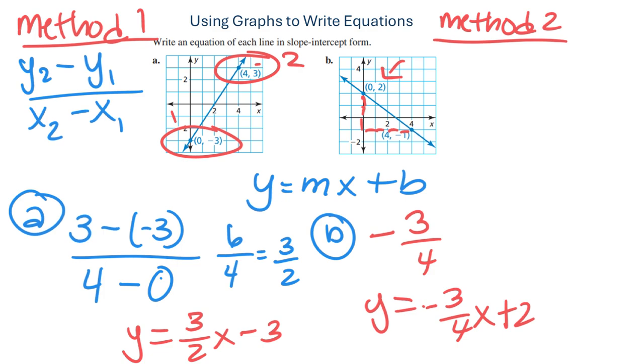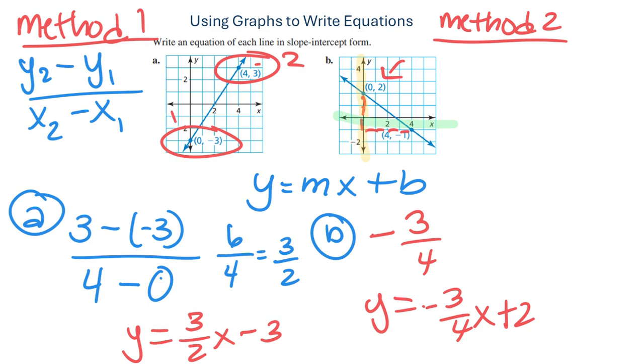But the line is always going to be where the first point is, on the y, where you see your y up here. This y over here is our y-intercept, right? So where you see the line passes through the y, that's the y-intercept. Wherever the line passes through x, that's the x-intercept.